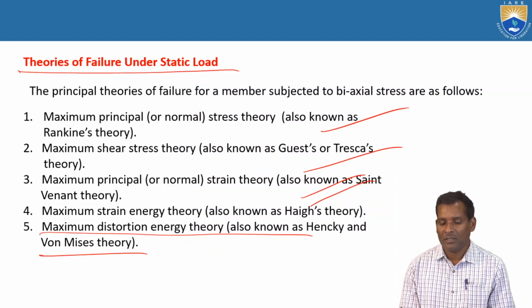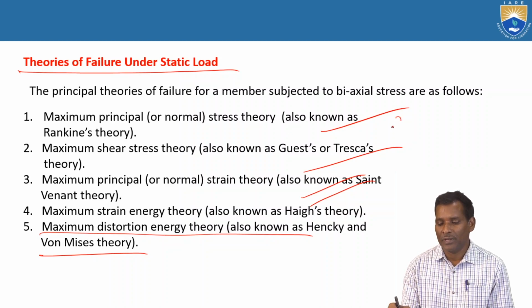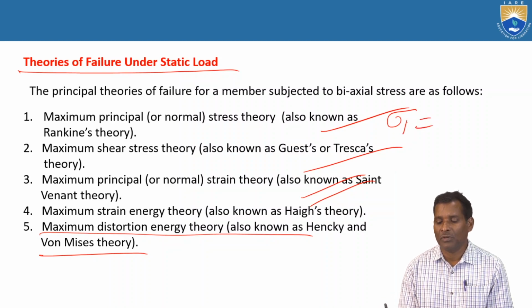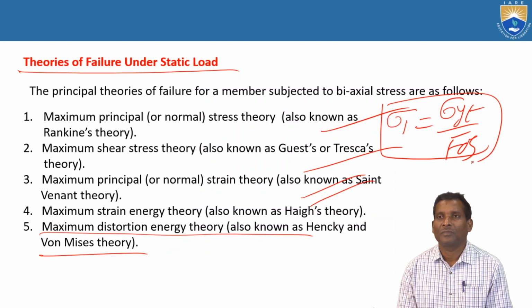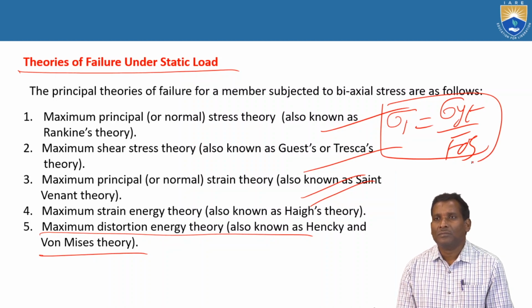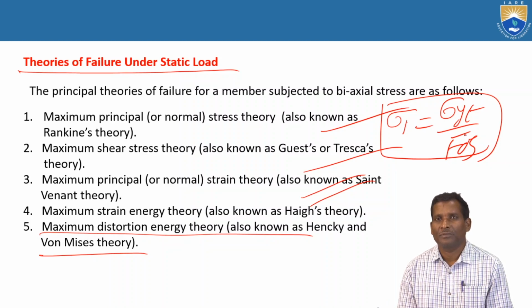According to this theory, you may write the maximum principal stress sigma 1 is equal to sigma yt by factor of safety, under a simple tension test.